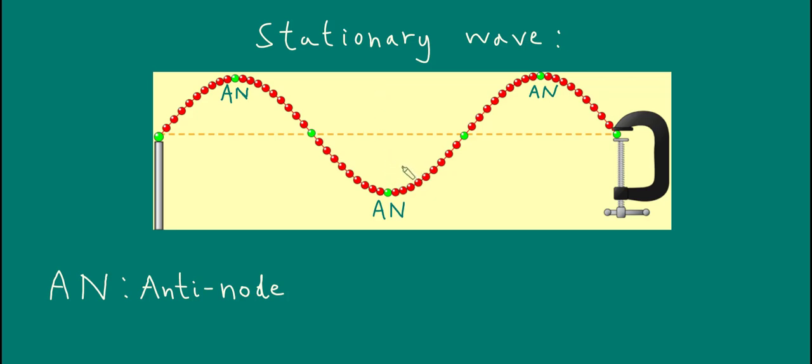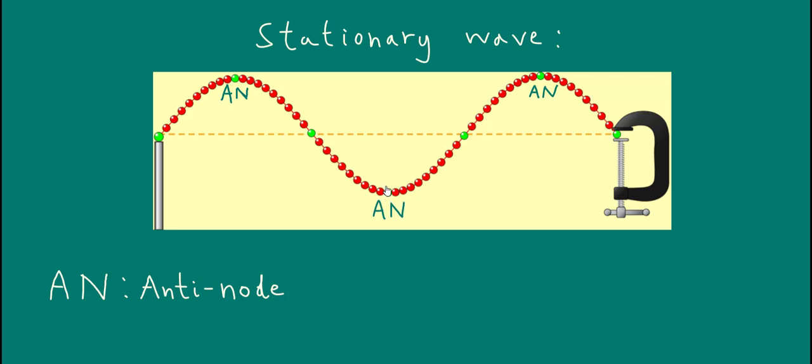In particular, these green particles that I've labeled with a capital AN, this one here, here, and here, are known as antinodes. The standard abbreviation is a capital AN. Wherever you have antinodes in a stationary wave, those positions correspond to maximum displacement of the particles, and correspondingly antinodes correspond to points of maximum energy in a stationary wave.